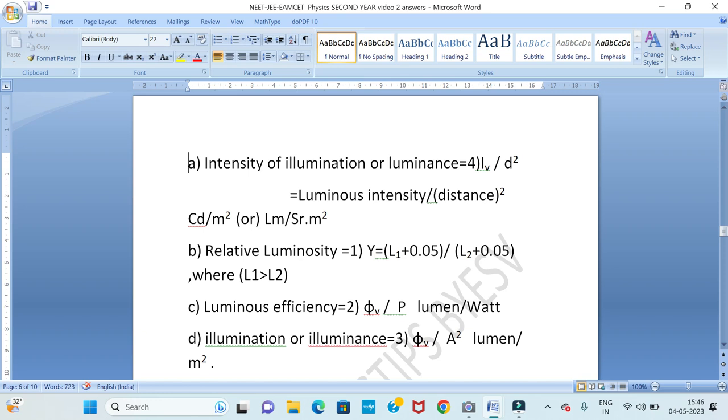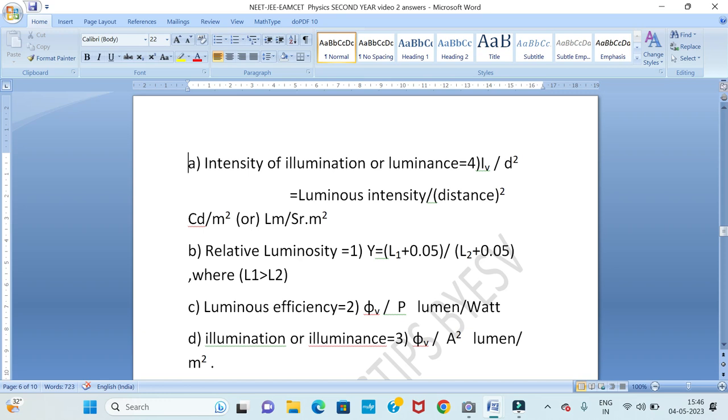So luminous intensity by distance square. Candela per meter square, lumen per steradian into meter square are the units.